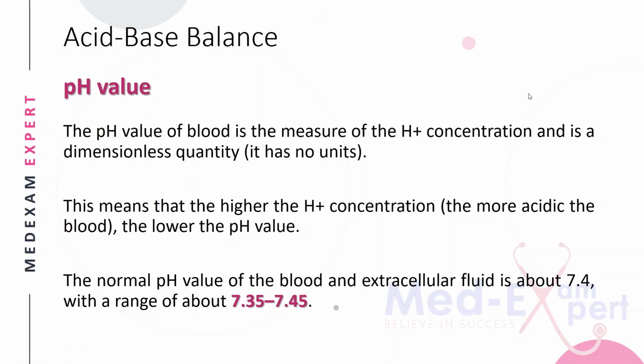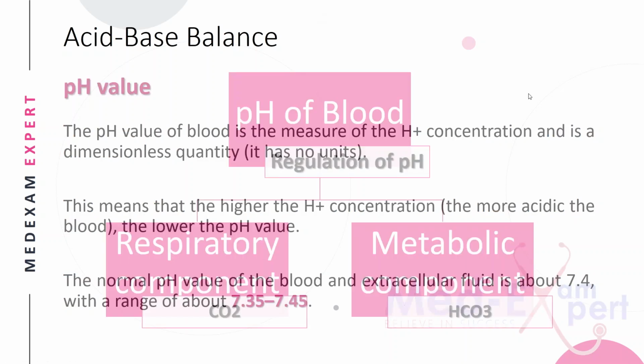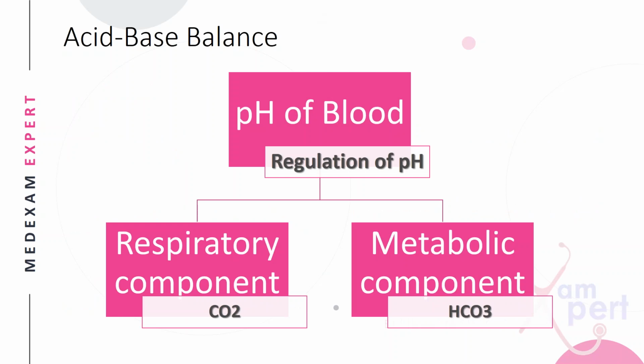So what keeps the pH of the blood in this normal range? What is responsible for regulation of this pH? How come this pH is maintained in this normal range 7.35 to 7.45? I can say simply that I have two parts, two arms or two components, whatever you like to name them.